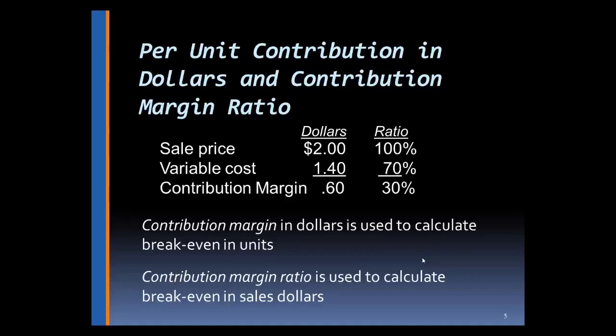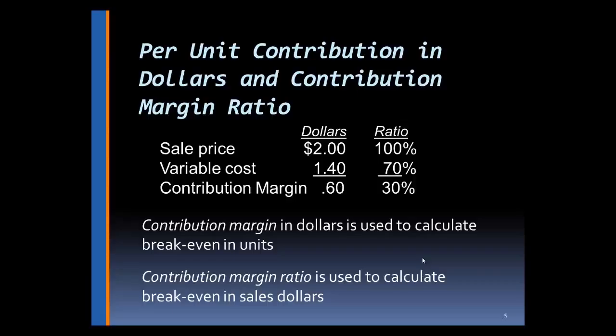So this means that for every unit that is sold, it contributes 60 cents toward covering the fixed costs, taxes, and providing a net profit. So the term contribution is very appropriate because it contributes to covering the fixed costs, taxes, and provides the net profit.